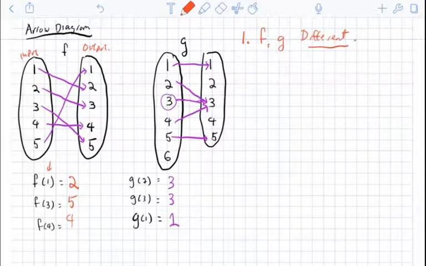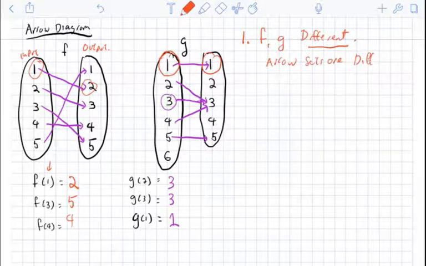It's essentially these arrow diagrams, right? And so they're different relationships. So the input 1 on the f function gives you 2. The input 1 on the g function gives you 1. The arrows are different. Not just that they look different, they're pointing to different places. They start out in the same place, and they end up in different places.